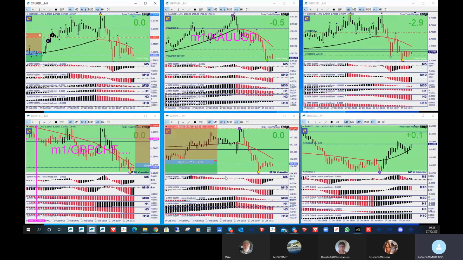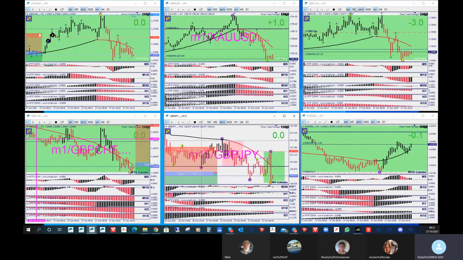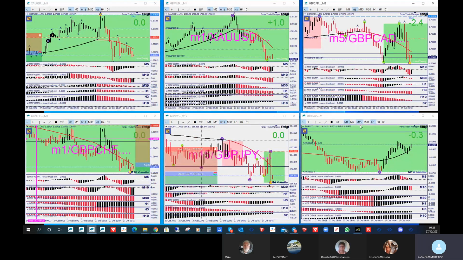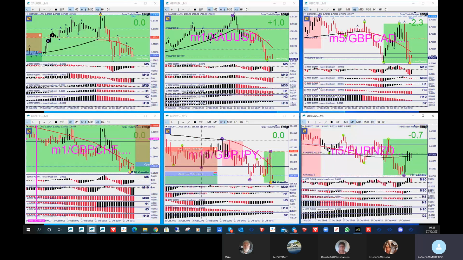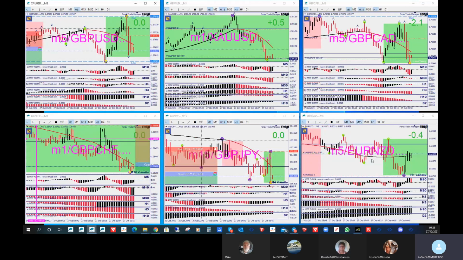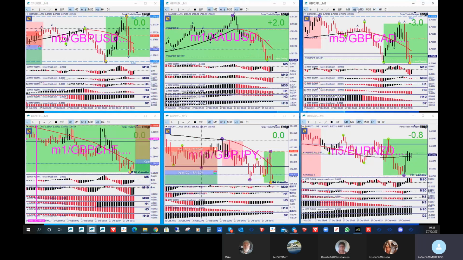So I'm watching mostly the pound pairs: pound Swiss, pound yen, pound CAD, pound dollar, and euro New Zealand and gold. Okay. So I entered in this pound CAD. It was a little late.